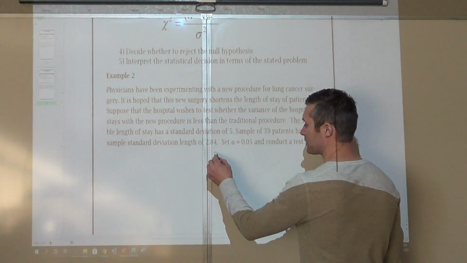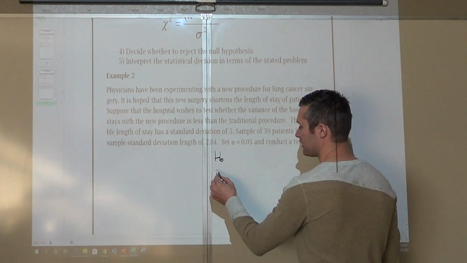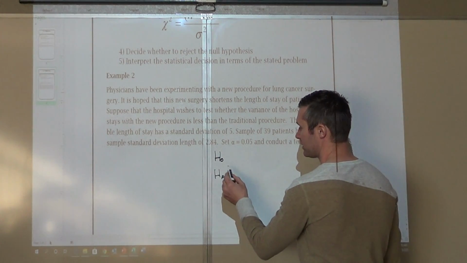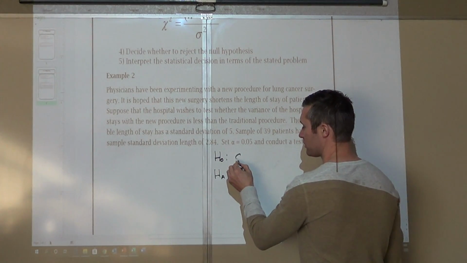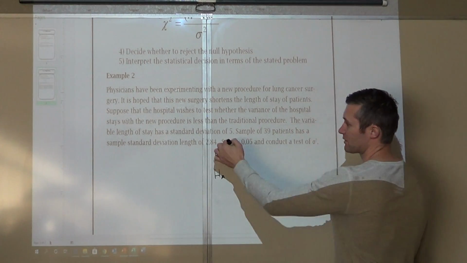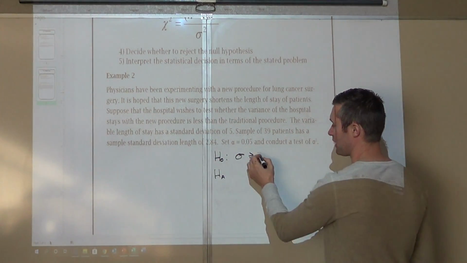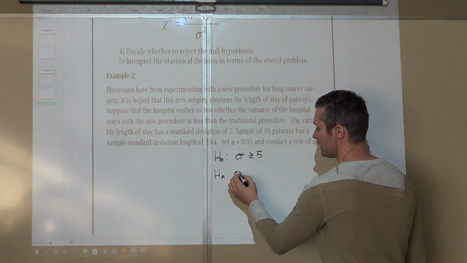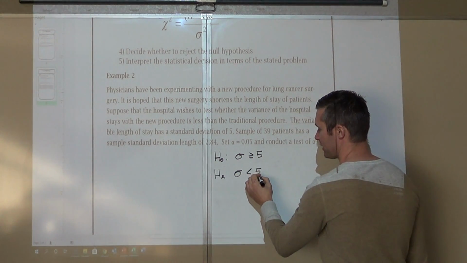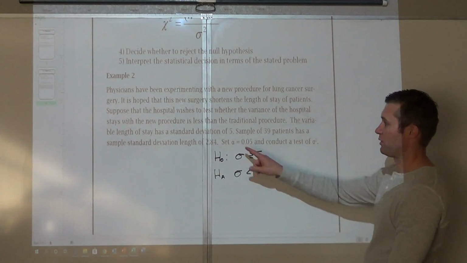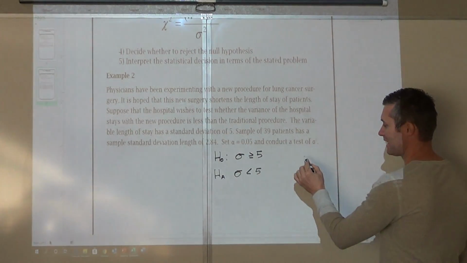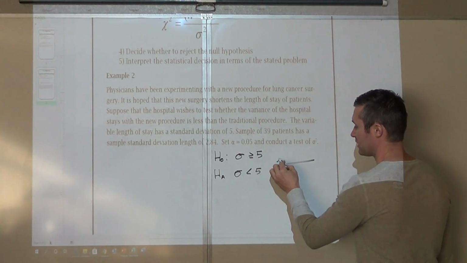We're going to assume the opposite. So our null is that theta is greater than or equal to what it has been, 5, and our alternative is that it's less than 5. Again, we want to test to see if it's less than, so that's a lower tail test.